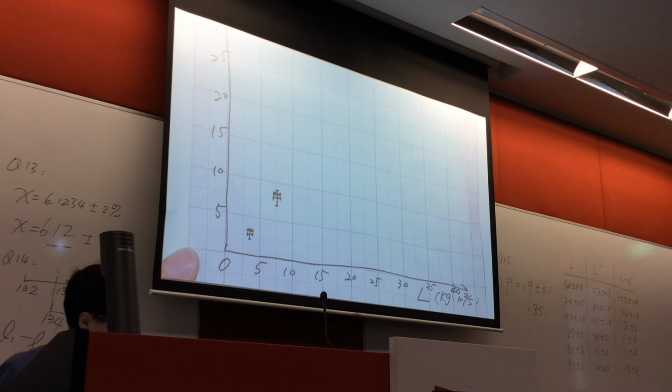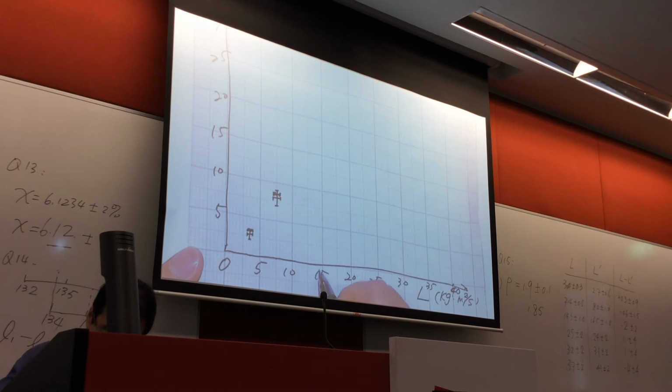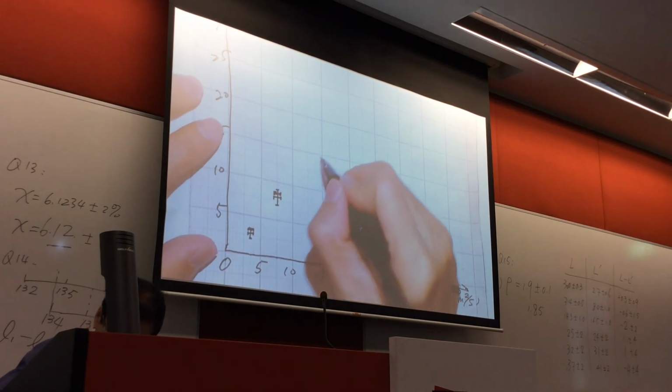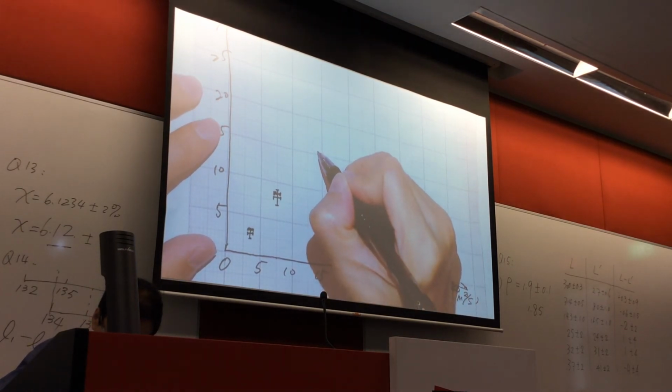The third point will be 14.3 plus minus 1. 14.3 is somewhere here. And 16.5 will be somewhere here, this one.